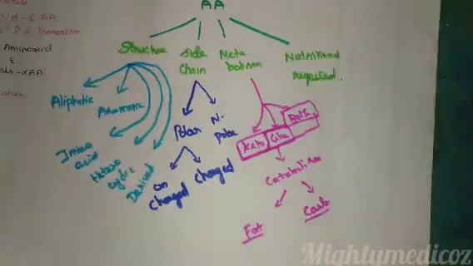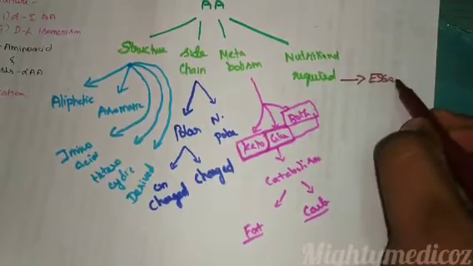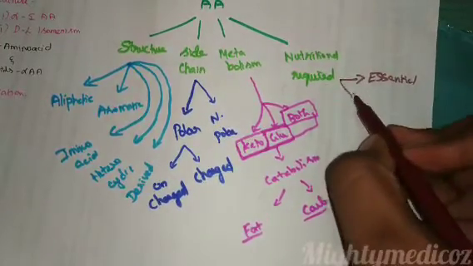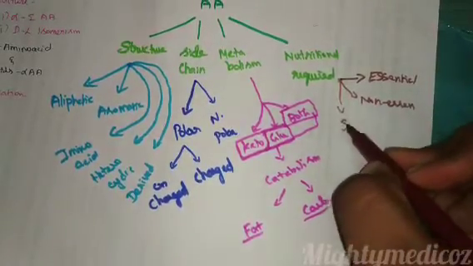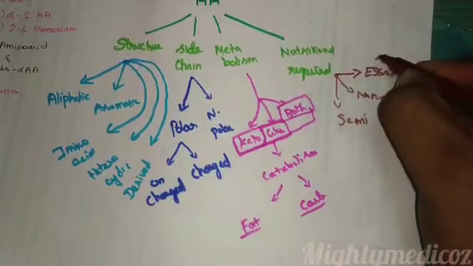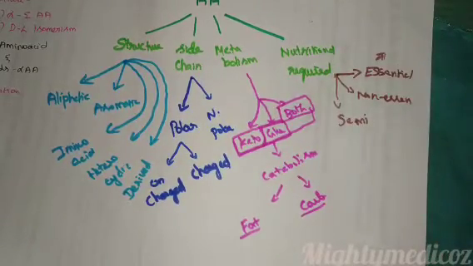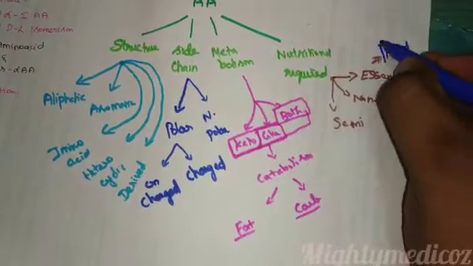Based on nutritional requirement we have three classifications: essential amino acids, non-essential amino acids, and semi-essential amino acids.